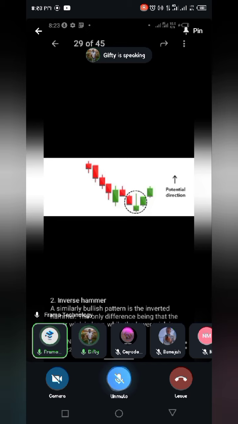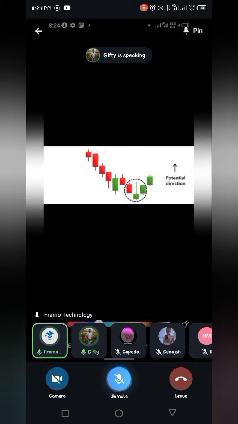What it means is that the candlestick opened, the sellers pushed it down a little, and then the buyers pushed it up. When they pushed it up, the sellers tried to push it down again, but they were not able to, and they left it in that form. It means that the buyers are taking over.